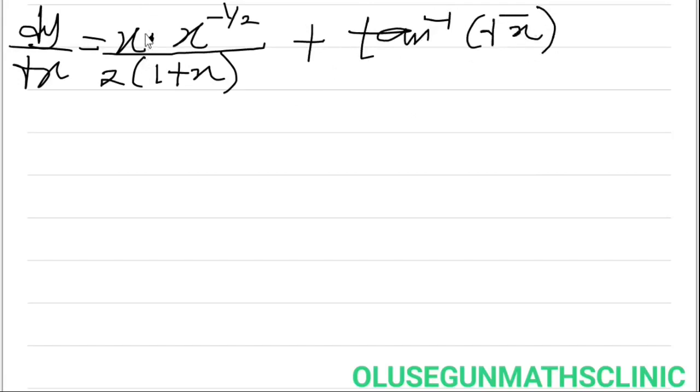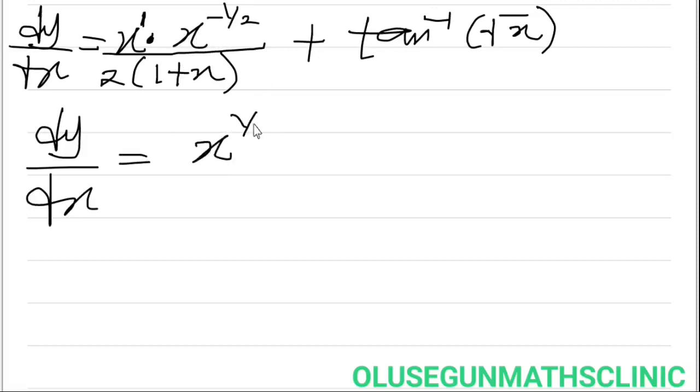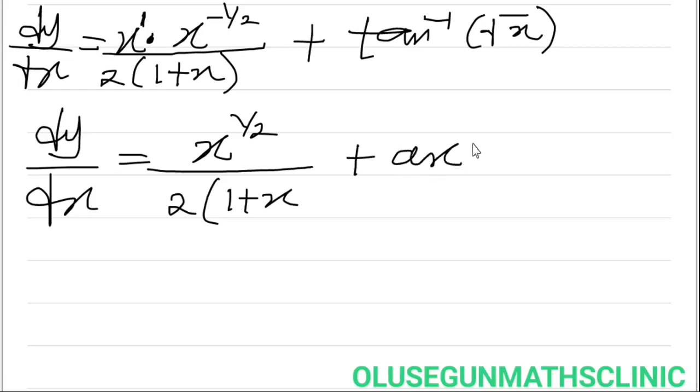Recall that this is raised to power 1 already, so our dy dx is now, 1 minus half gives you half, and you have 1, which gives us x raised to power half over 2 onto 1 plus x, plus arctan root x.